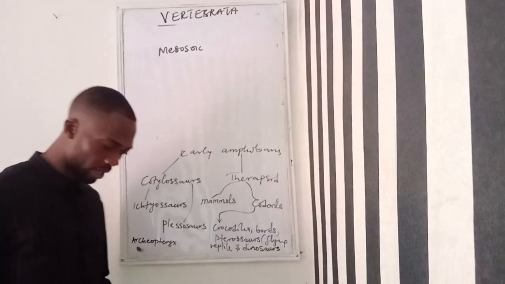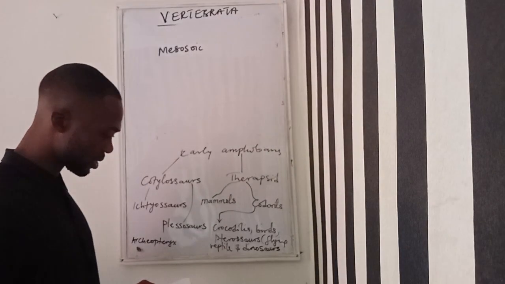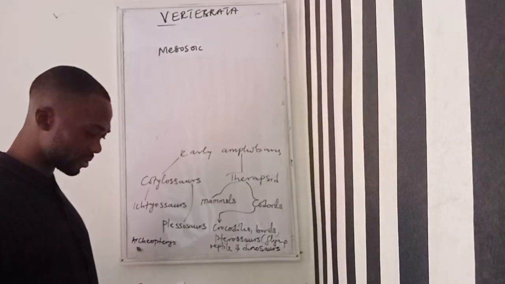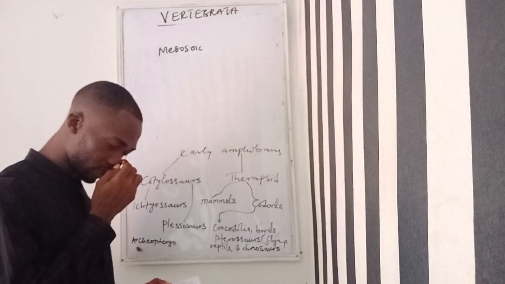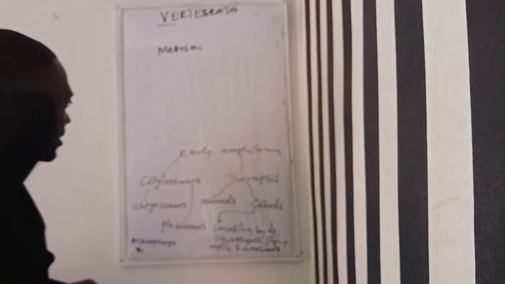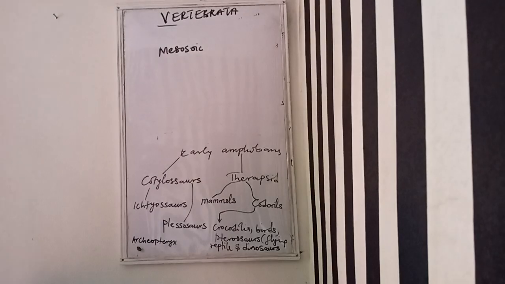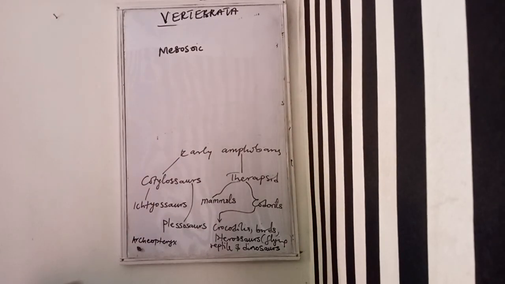Okay, before we go into the orders, there's another thing we want to know. Look, all the living reptiles except crocodiles arose from a common ancestral stock that is known as a stem or root reptile. Yes. All the reptiles. Let me use this structure to explain this now.